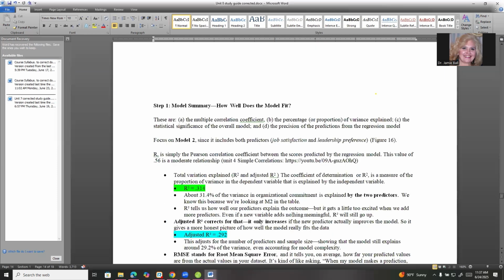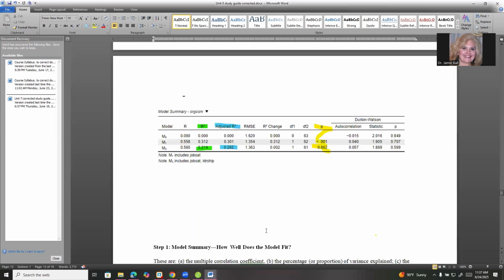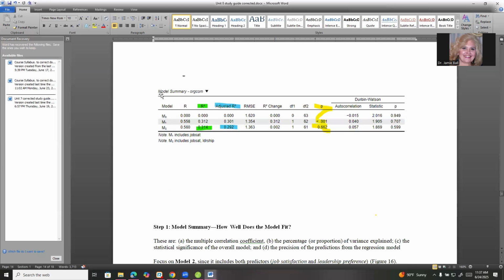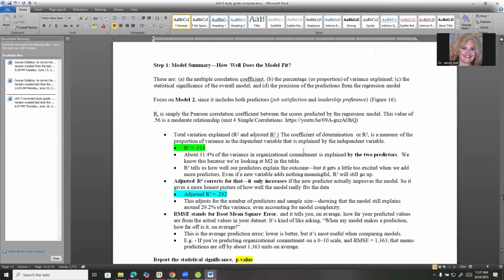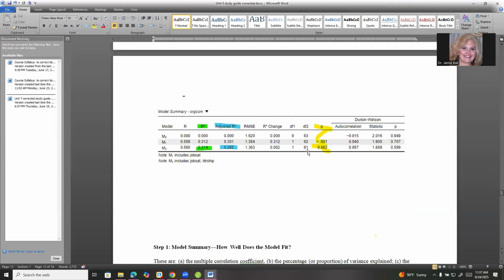First, we're going to interpret R squared for the model. We're going to look at the model summary with organizational commitment as the outcome variable. Looking at model 2, the first thing we want to look at is R. R is simply the Pearson correlation coefficient between the scores predicted by the regression model.